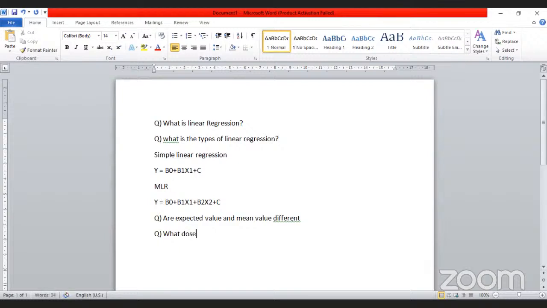What does p value signify about the statistical data?